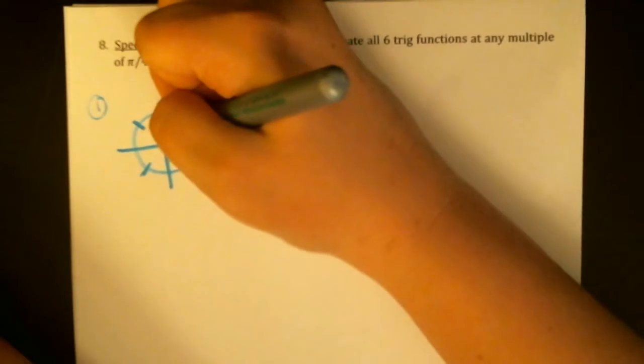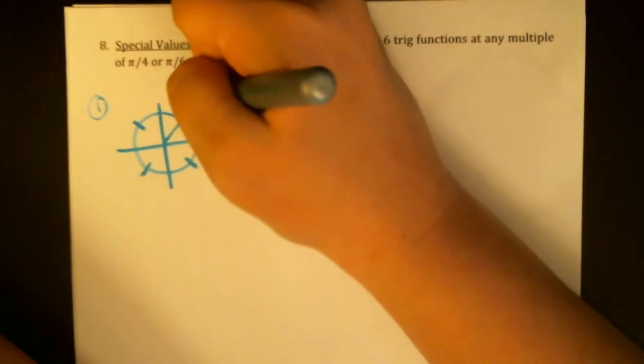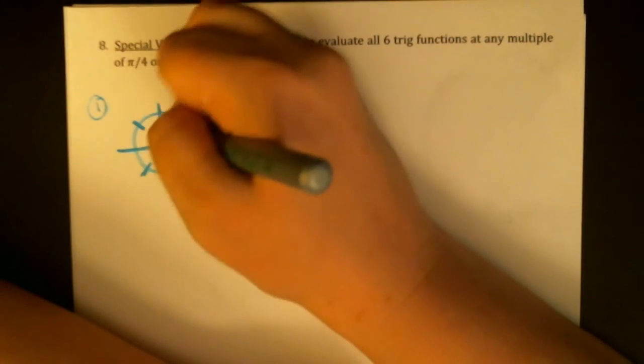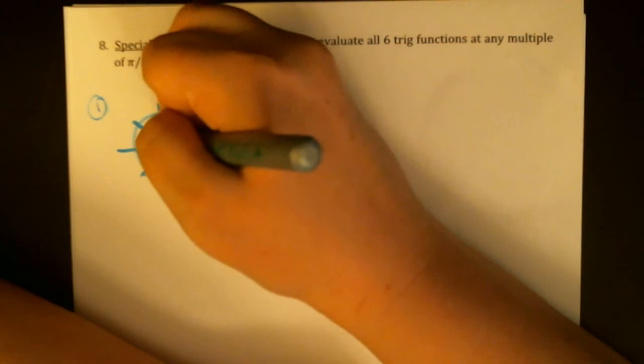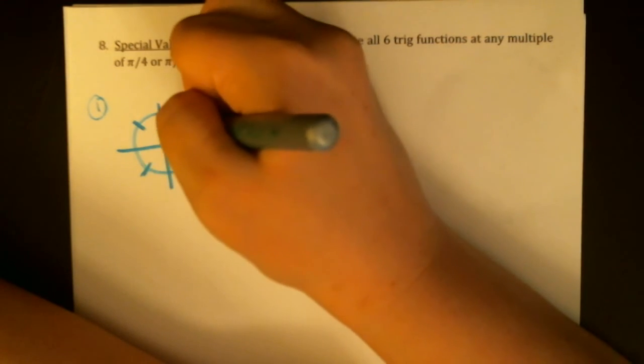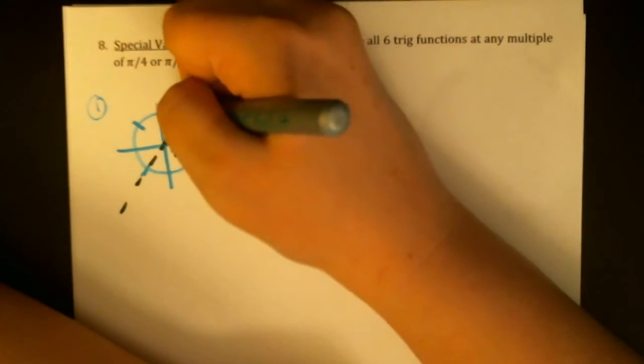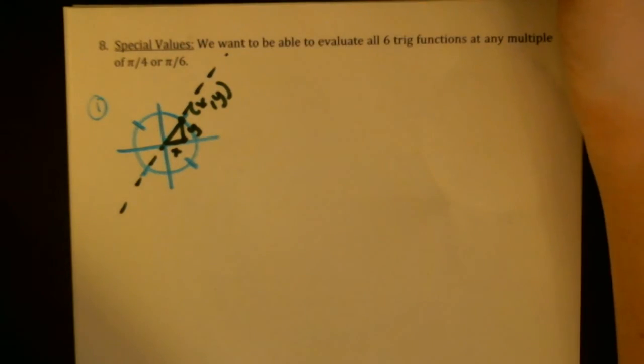Okay, so if we are looking for the x and y coordinate of this point right here, something really helpful to notice is that if you're right smack in the middle of the quadrant, then your y and your x are the same. You're on the line y equals x, so your y and your x have to be the same.